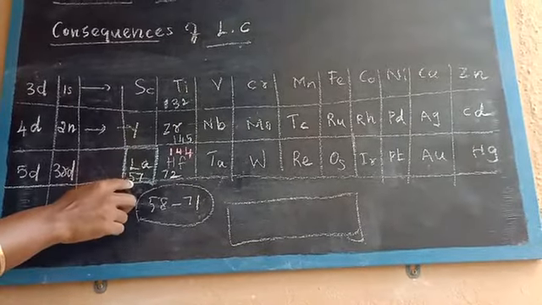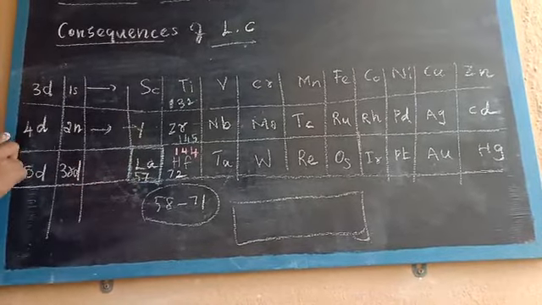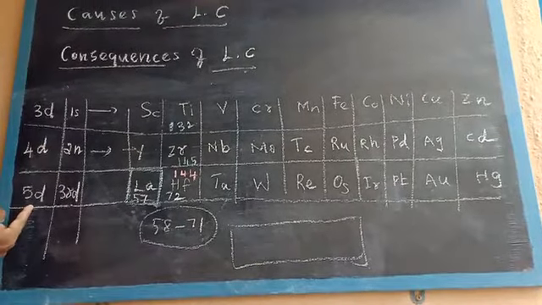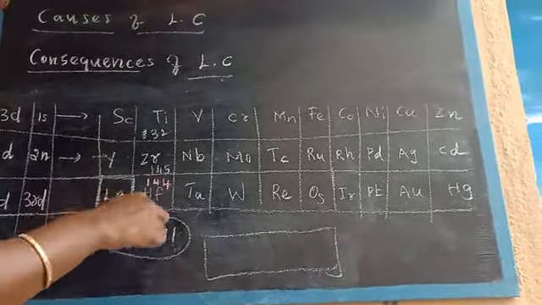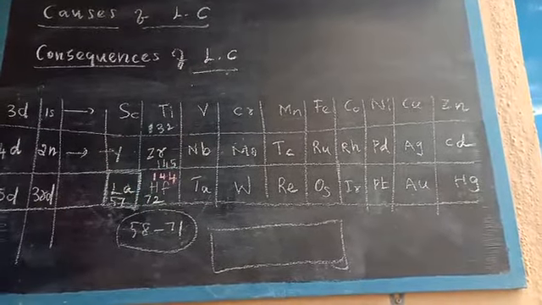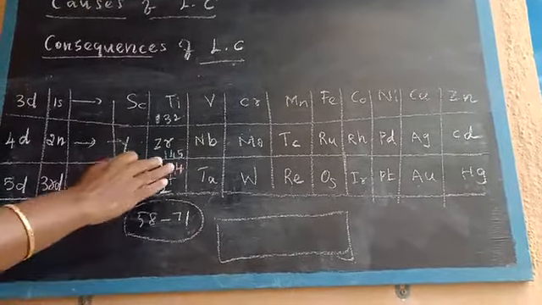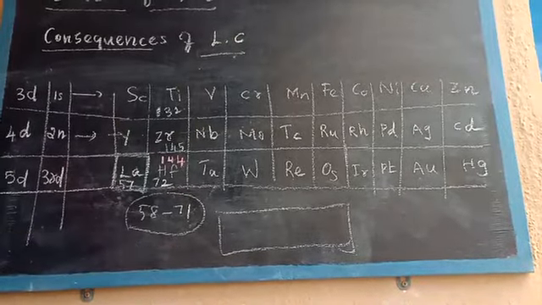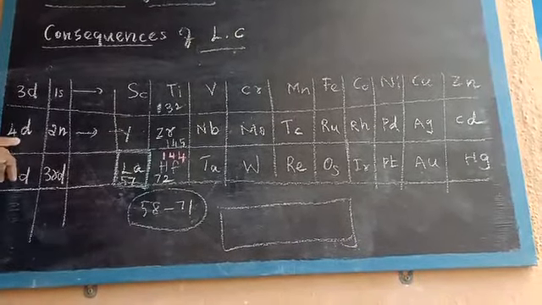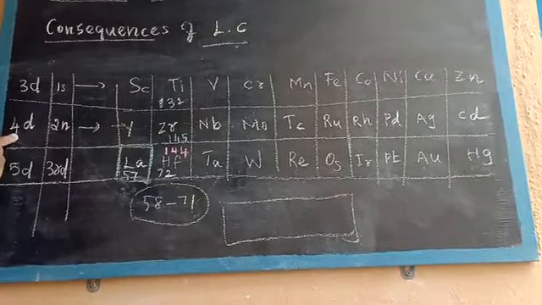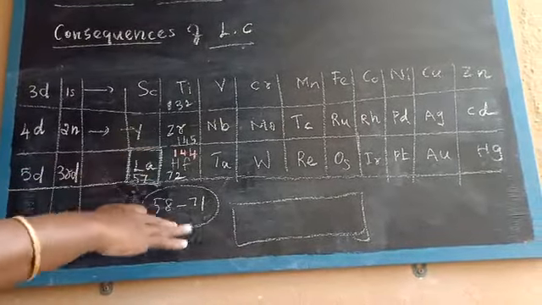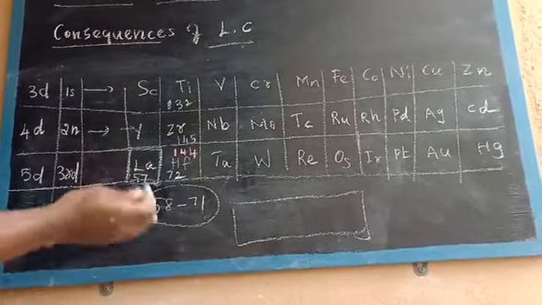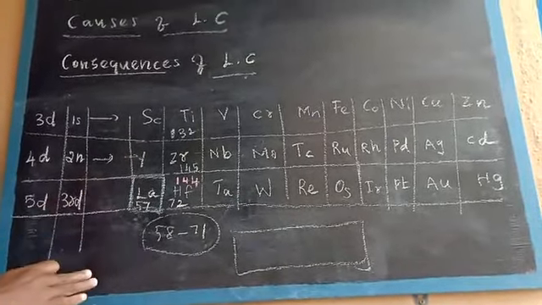Due to lanthanide contraction, in the second and third series, 4d and 5d, the size does not increase. Instead, the sizes are more or less close to each other. So in 3d, 4d and 5d the size does not increase. This is one of the consequences.